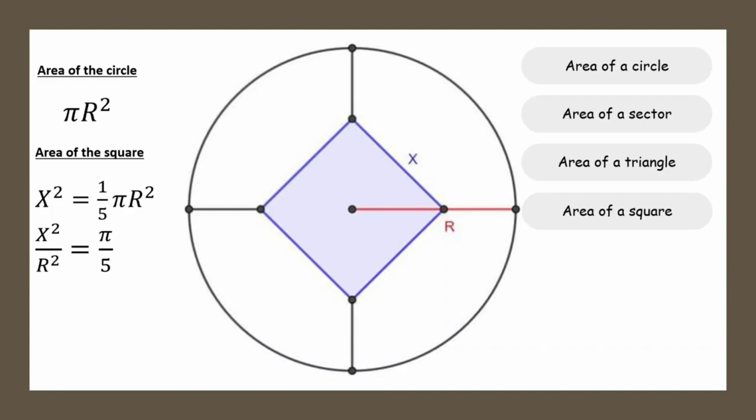Well, x squared over r squared is 1 step away from x over r. I can square root both sides here. On the left I'll get x over r, and on the right I'll get square root pi over 5. And this is what we were asked to find. The value of x divided by r, x over r.